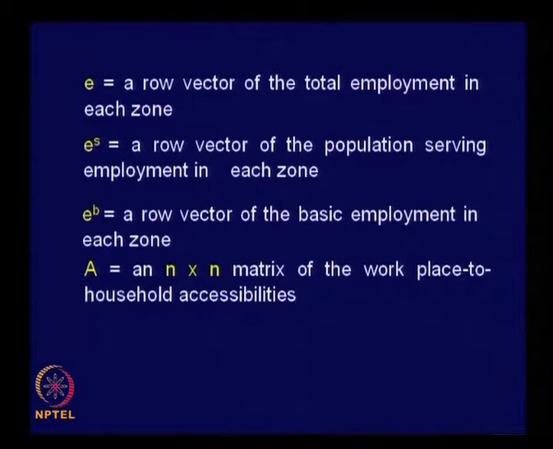This is the most important aspect. We should be able to define accessibility, and here it is in abstract form indicated with letter A. It is an n by n matrix. Later on we will find out why it is an n by n matrix, of the workplace to household accessibilities.